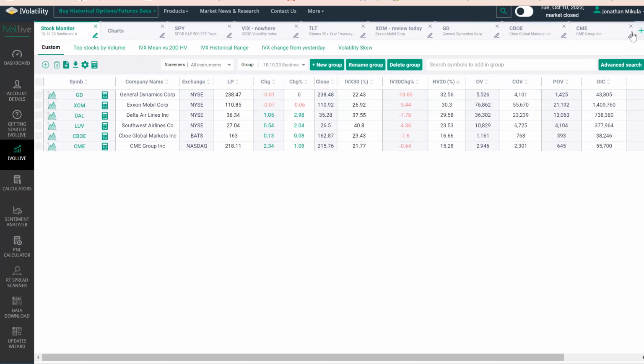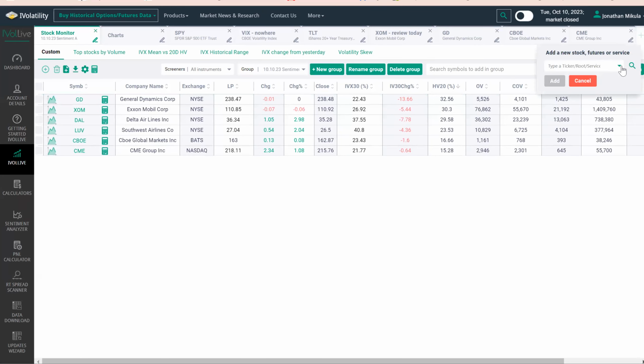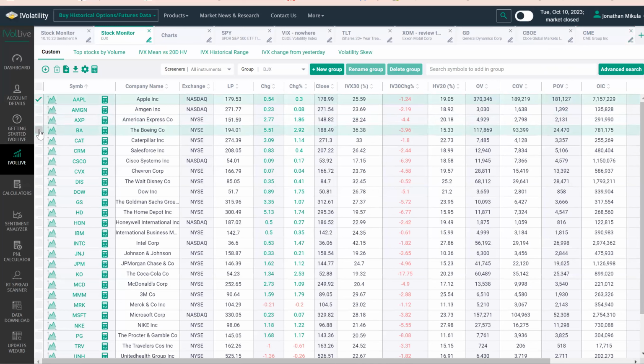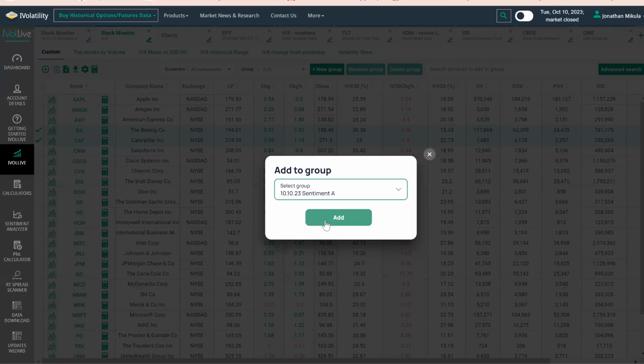And then what I showed in that short that I highlighted earlier on our YouTube was how to pull up a Stock Monitor tab. This is a fresh tab. Pull that over. So we have our custom group and then our default group on the Dow. And then if you wanted to add a couple names and say, I want to look at Boeing because that could be affected by war, and I want to look at Caterpillar because that could, let's say in theory, be affected by warfare, then you could just hit the plus, and then you could add that to your group.